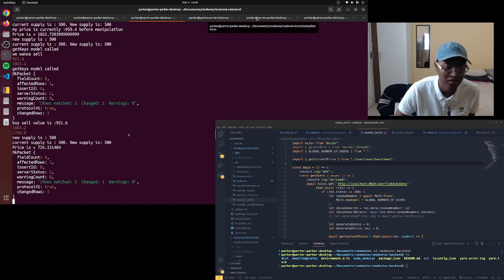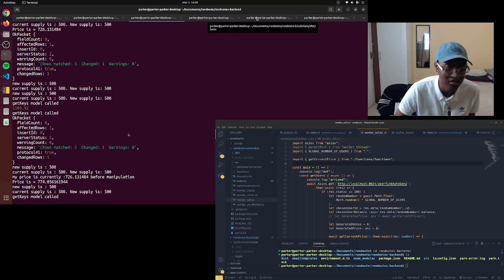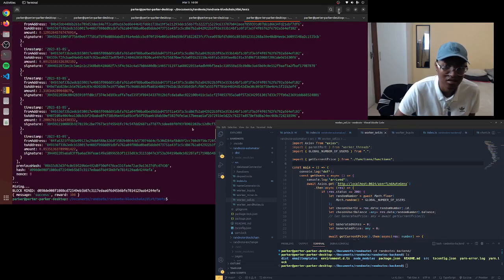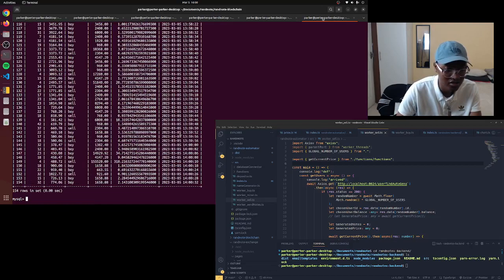The thing is, the price will start at 1,000. Price is 1,000. Can I just mine this? Select all from transaction websites. Still buys. Price is 700.